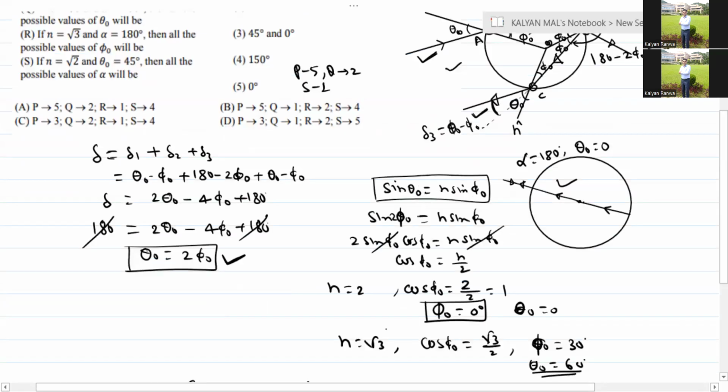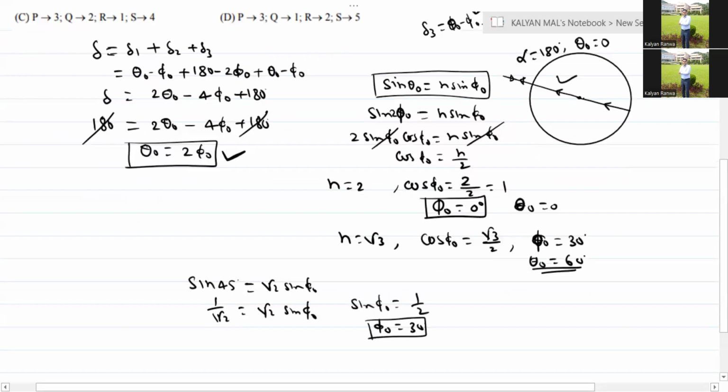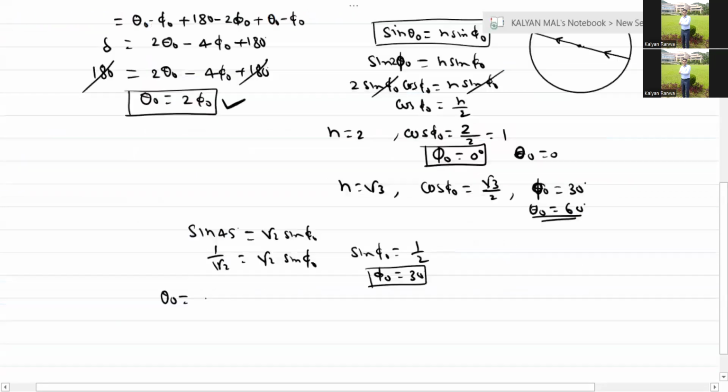Then it asks the value of alpha. So we know theta naught is given 45, and after calculation, we get phi naught as 30 degree. So alpha comes out to be, using this formula, 2 times theta naught, 45, minus 4 times 30, plus 180. Okay.